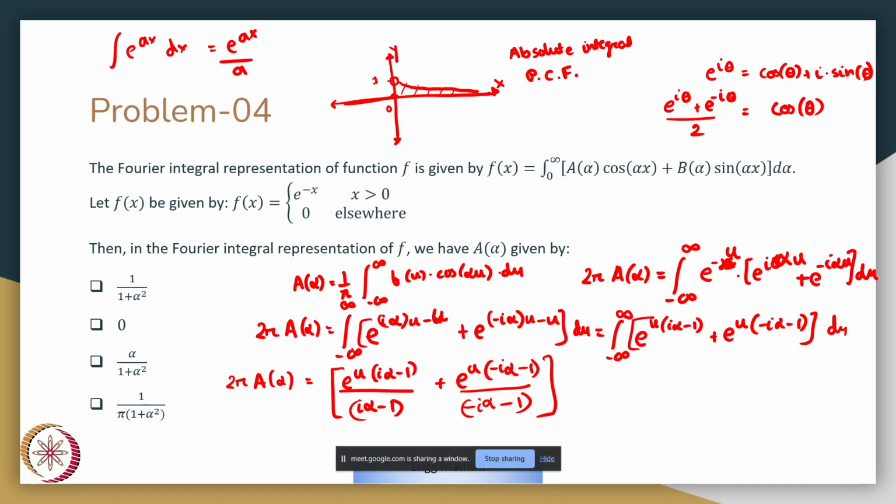And the limits here are actually not from minus infinity to infinity, but once you substitute the fact that f is 0 for negative values of u, the limit converts from 0 to infinity.